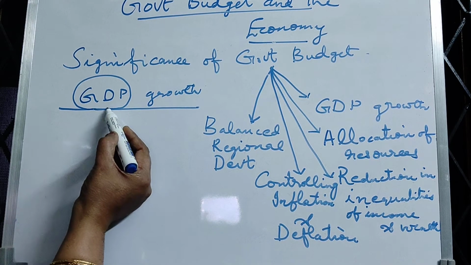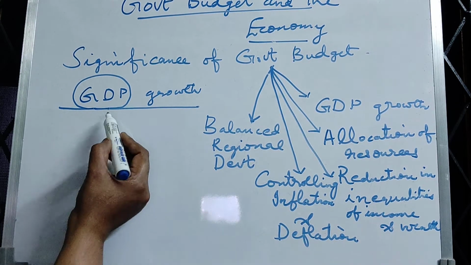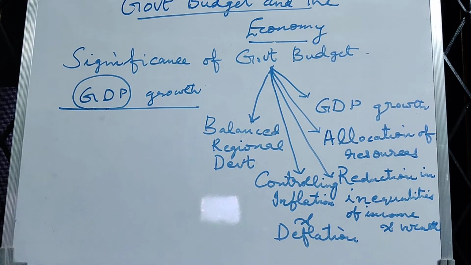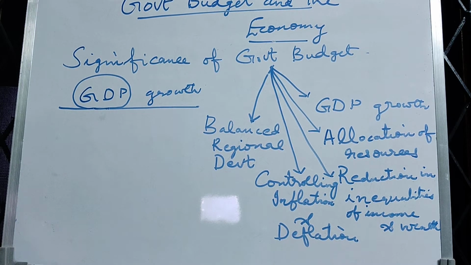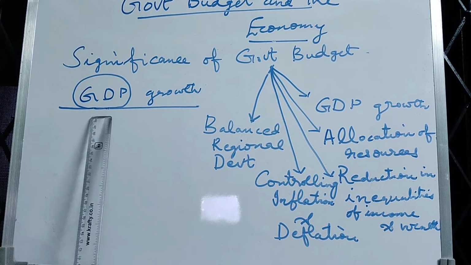So, through GDP growth, what can we achieve? We can achieve economic growth. GDP growth as well as economic growth point to the same thing. Through the growth in GDP, our economy also gets developed. Now, how does the government budget help in GDP growth?